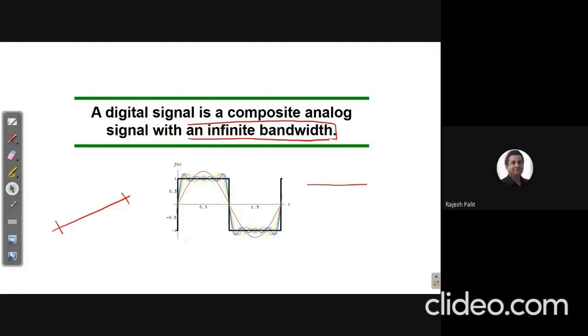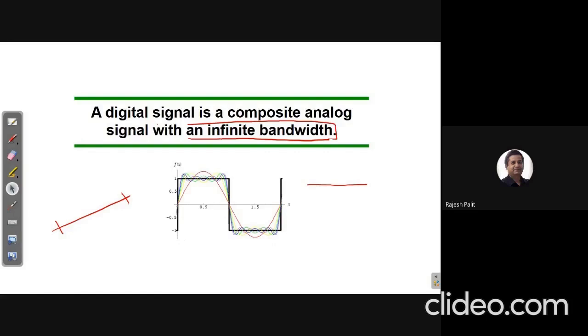The first thing is, a digital signal is non-periodic. When we need to transmit data, the digital signal becomes non-periodic. That is the first thing.